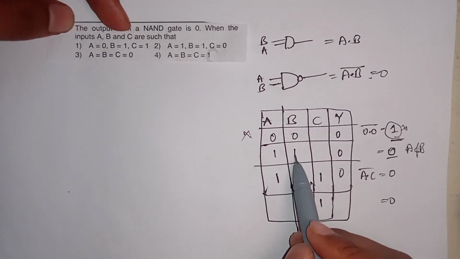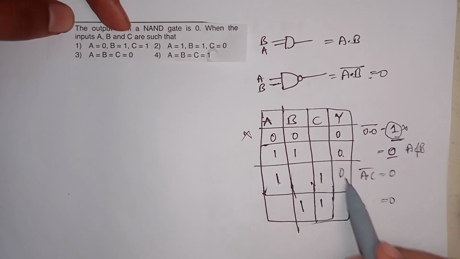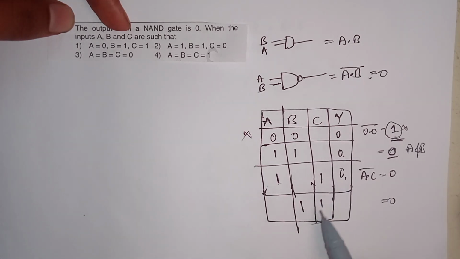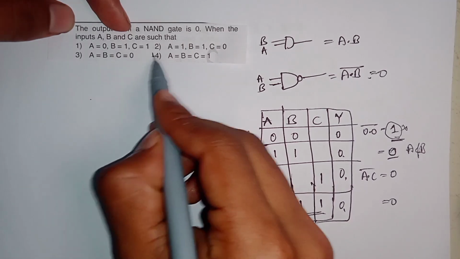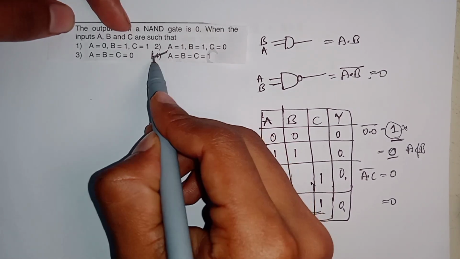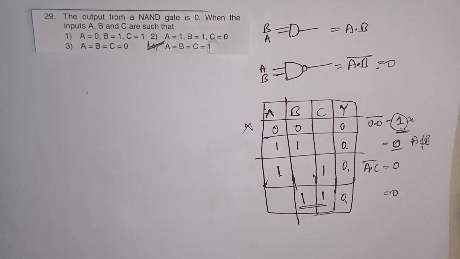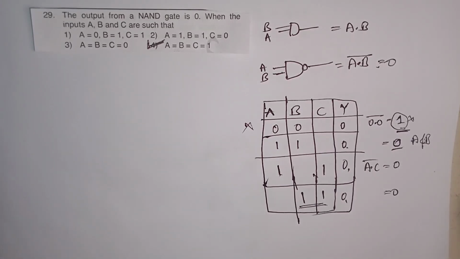When we took A and B as 1, we got 0. When we took A and C, we got 0. Again with B and C as 1, we got 0. So we can say A, B, C is equal to 1, and the output of the NAND will be 0 for this question. Take 20 seconds and resolve it.